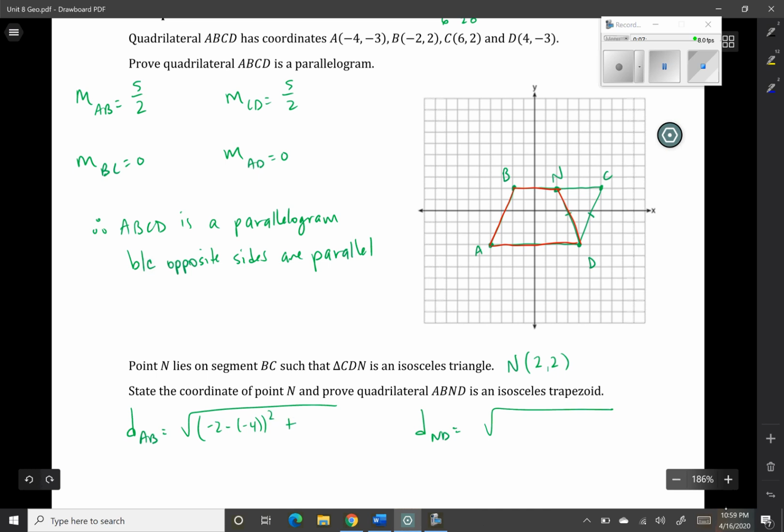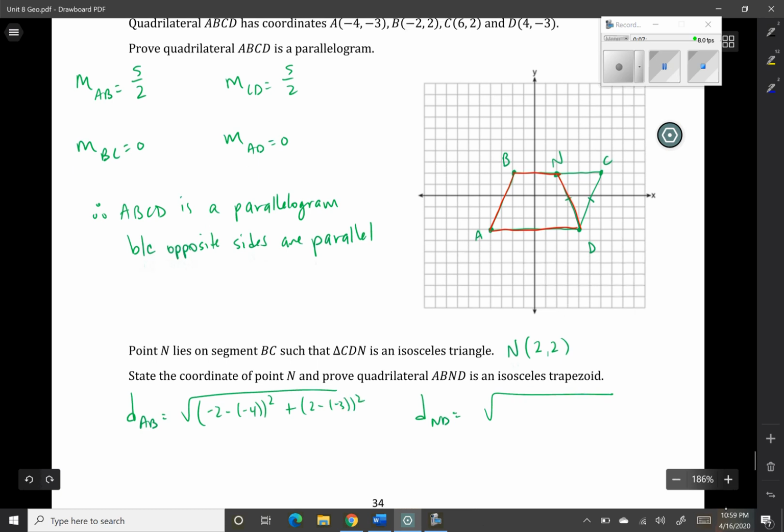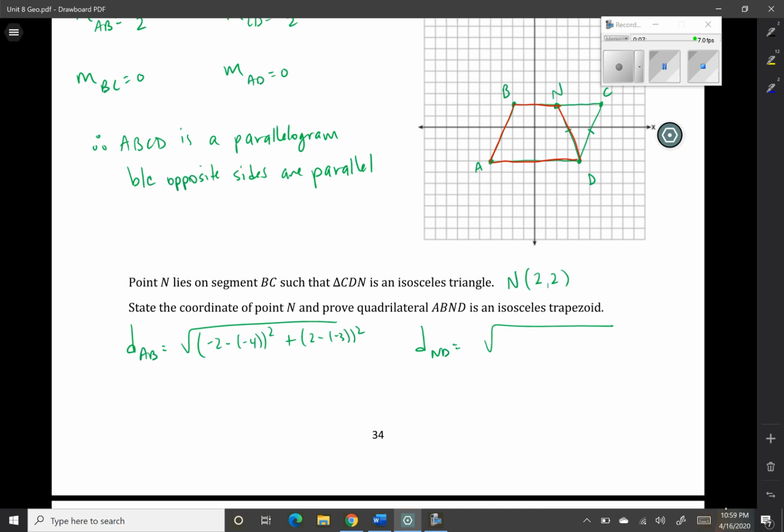And the y values of A and B would be 2 minus -3. So if I do that quick calculation in my calculator, if I plug everything in there except for the square root, I'm going to get 29. So I have the square root of 29 for segment AB.